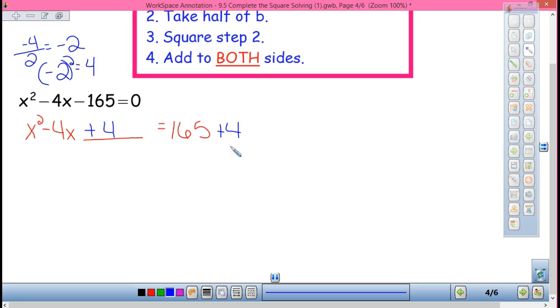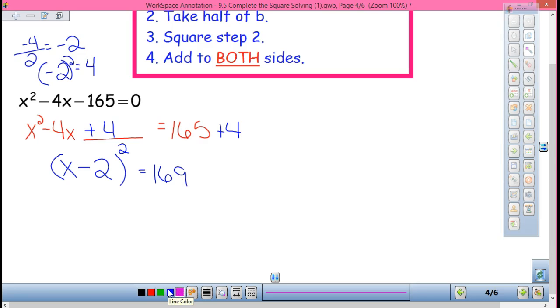Okay, what should I do to this side? Factor it. So I have x minus 2 squared, right? Equals 169. Somebody's a step ahead of us.